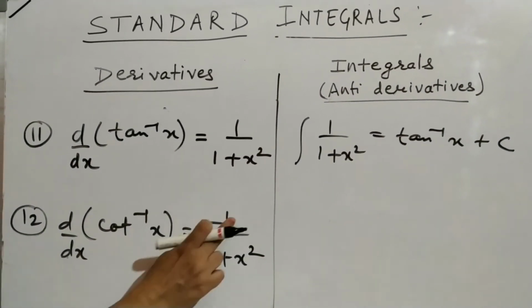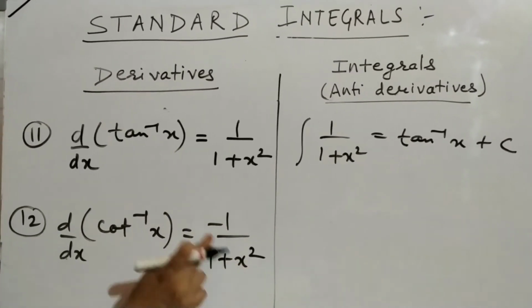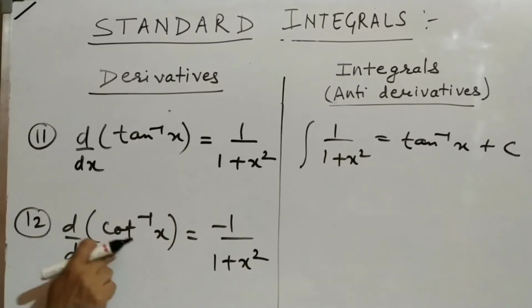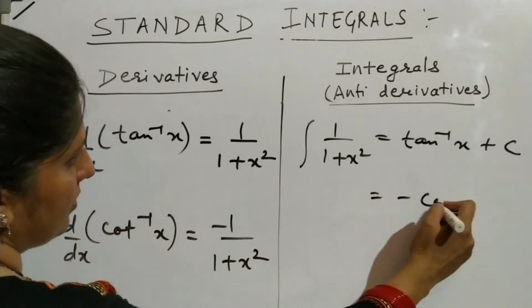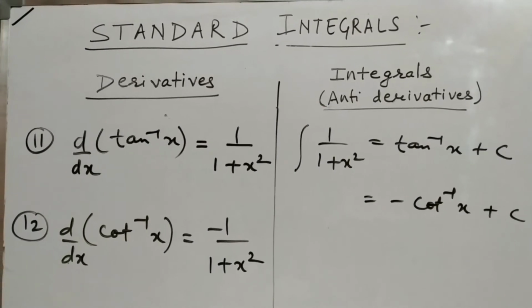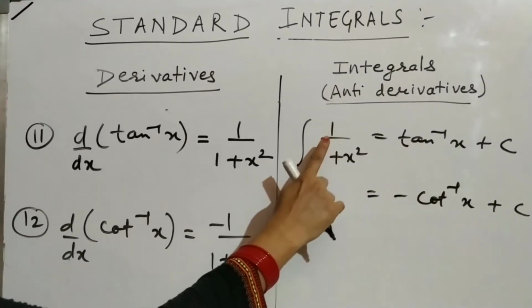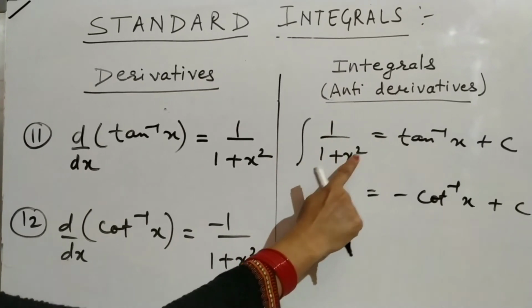Or you can say the integral of 1 upon 1 plus x square is equal to minus cot inverse x plus c. Both of these are integrals of 1 upon 1 plus x square.